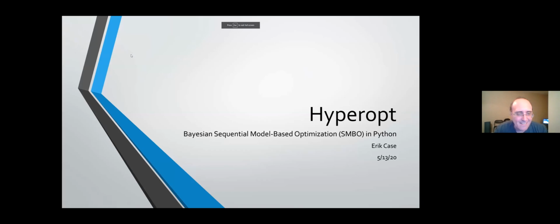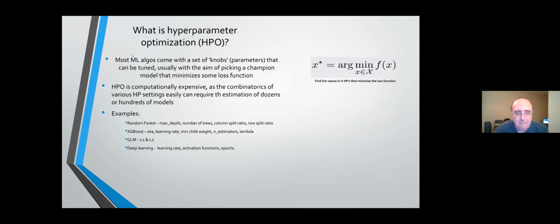So again, as was mentioned, the topic that I am covering today is a library in Python called hyperopt, which does a thing called Bayesian sequential model-based optimization, SMBO. And why does this matter? What does this mean?